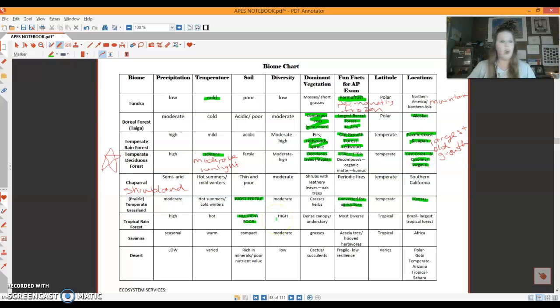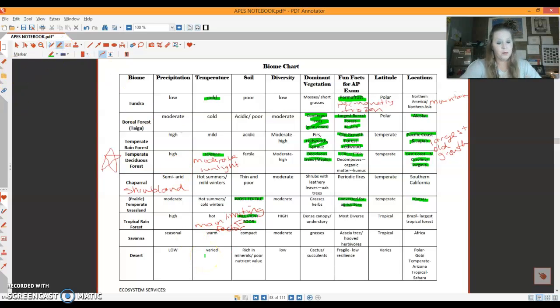So this is what we call, let me get my pen out. It's nutrient poor. So this is the main limiting factor in a tropical rainforest. Main limiting factor. All right. How many nutrients are available dictate what's going to grow. Okay.